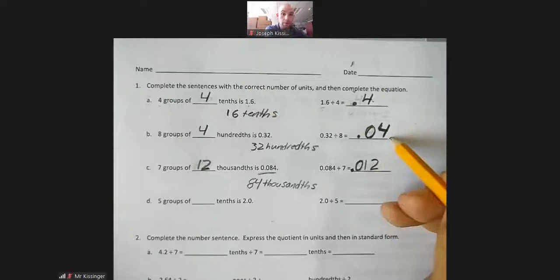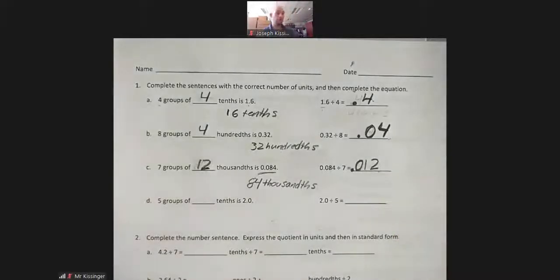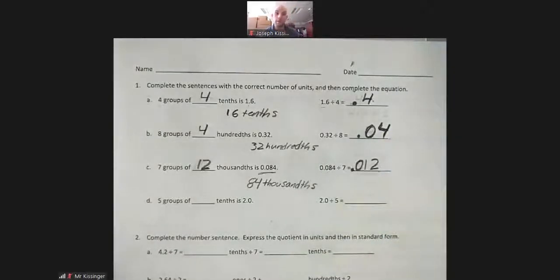This is 4 hundredths. This is 12 thousandths. So when we're going too quickly, even teachers make mistakes sometimes. You have to be really careful where we put our decimal point and make sure that we have the right amount of place values. If we take our time and do it right, we can make sure that we have everything where it needs to go.